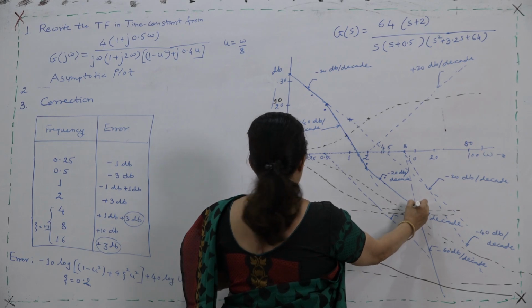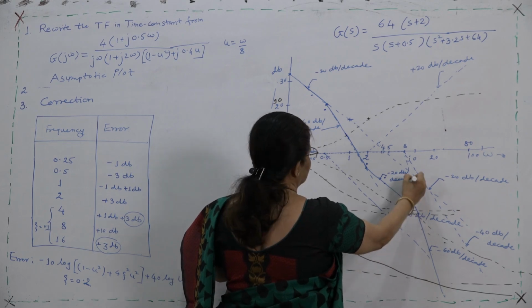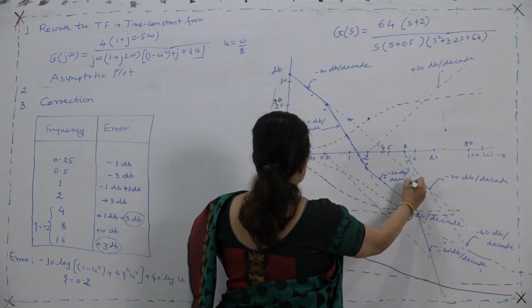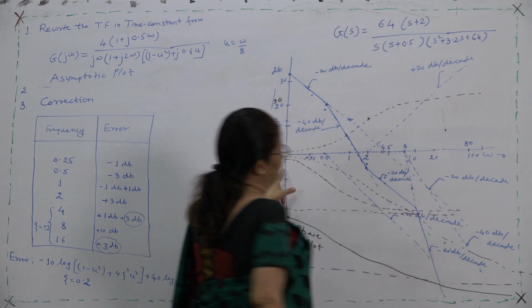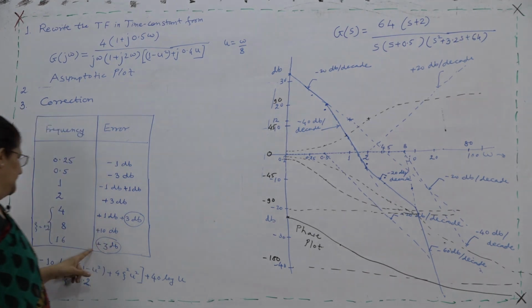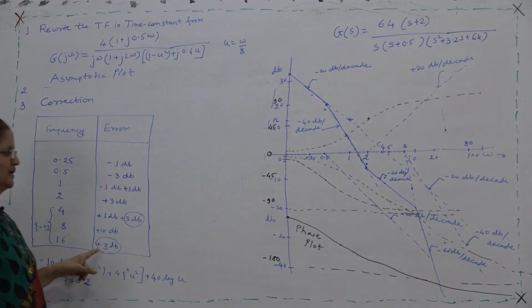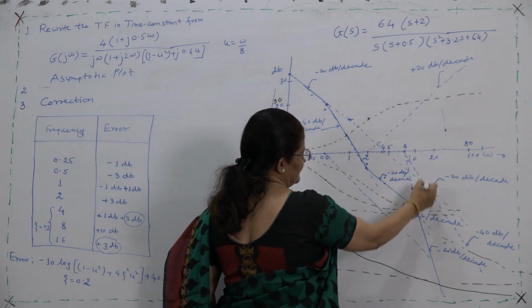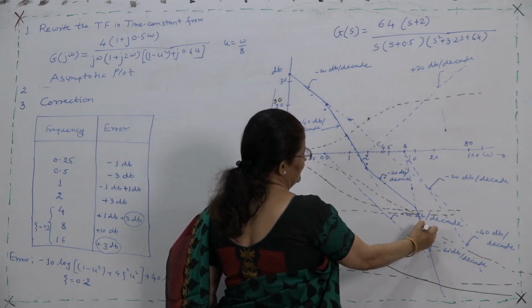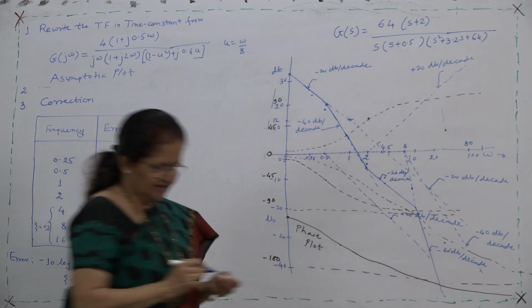I think I am getting minus 18 here, then plus 10 dB, so this will be the point. And then at 16 again plus 3 dB. So, at 16 again whatever is your value, make it plus 1. So, these are the corrections.